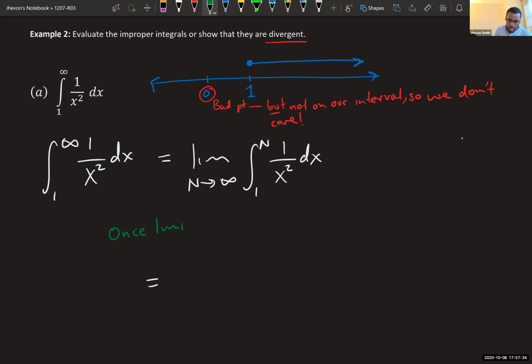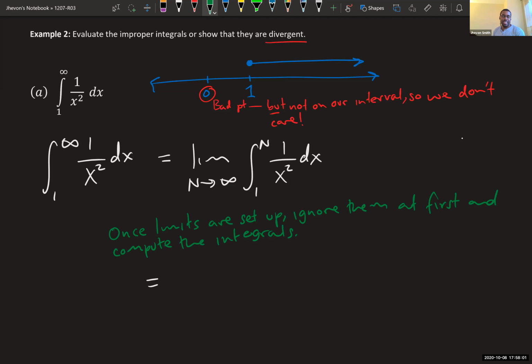Once limits are set up, ignore them at first and compute the integrals. Which is good, we're all experts at computing integrals now. In Calc 2, we know all the techniques you'll need.